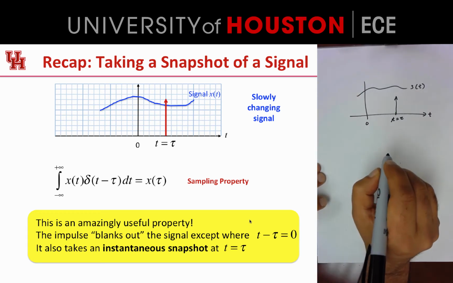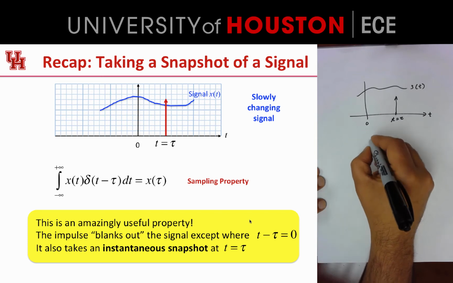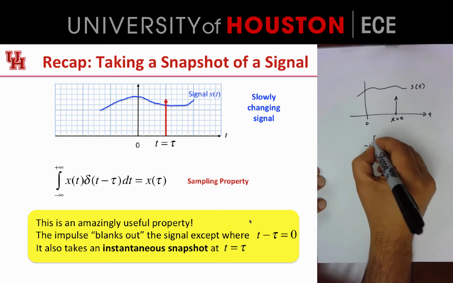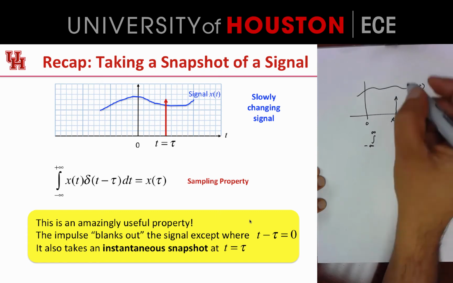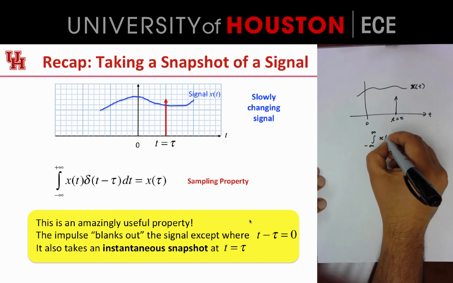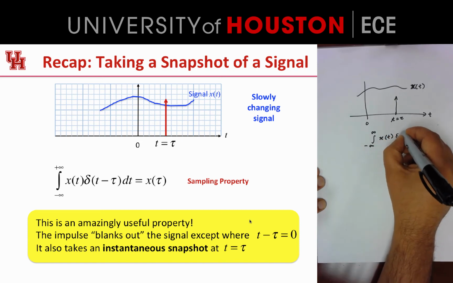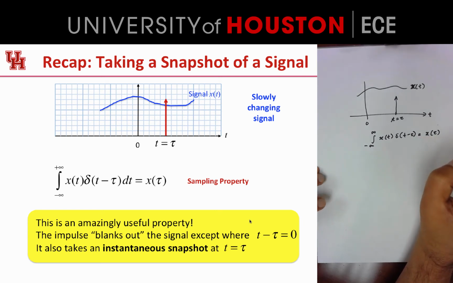Then we can write the snapshot, the same formula that we talked about, as the integral from minus infinity to infinity. In this case I call the signal x of t on this slide. The integral of x of t times delta of t minus tau is x of tau.